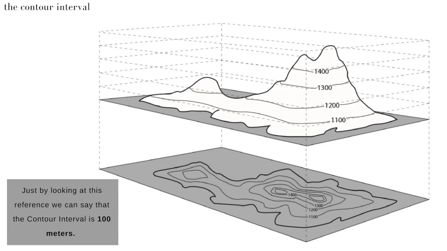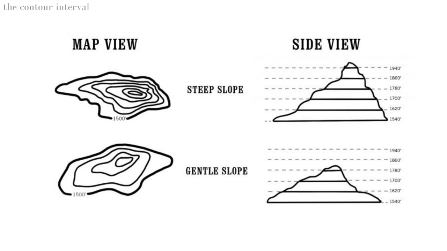Another example, we can see that the map view is 1,500, while it's labeled for its side view that the elevation goes from 1940, 1860, 1780, 1700, and so on and so forth. A quick and simple subtraction would give us a contour interval of 80 meters or 80 feet, I guess.